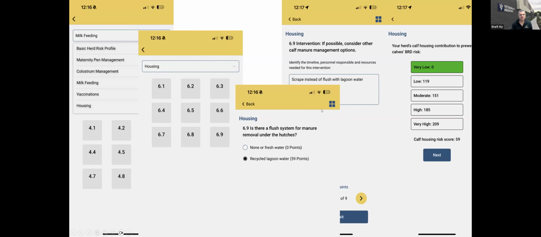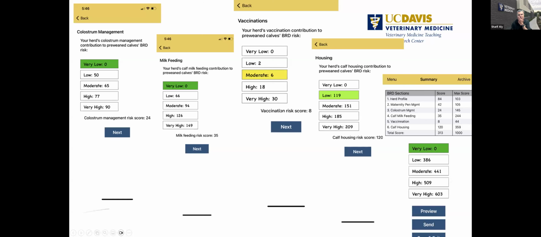If I take you next, once you're done with that, you'll see there are different scores for colostrum, milk feeding, vaccinations, housing, and these are tallied in a table for you to see how the herd scored out of the max score, and then overall across all 6 management areas. In this case, this herd scored 313 out of a total of 1,000 points, and that would be a low score.